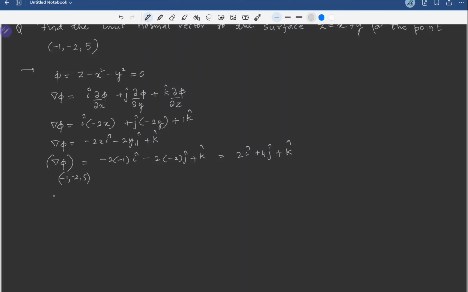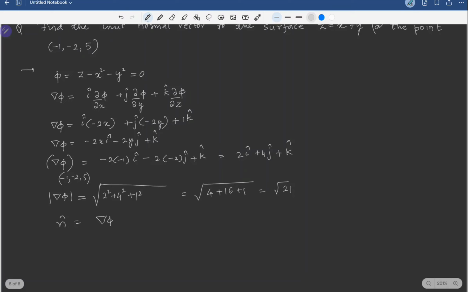If we want to take the absolute value of this, it becomes the square root of 2 squared plus 4 squared plus 1 squared, which is equal to 4 plus 16 plus 1, which is root 21. So the unit normal vector is equal to, what is the formula?